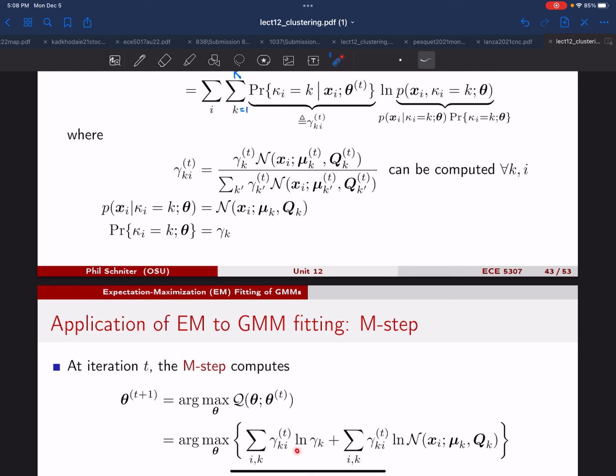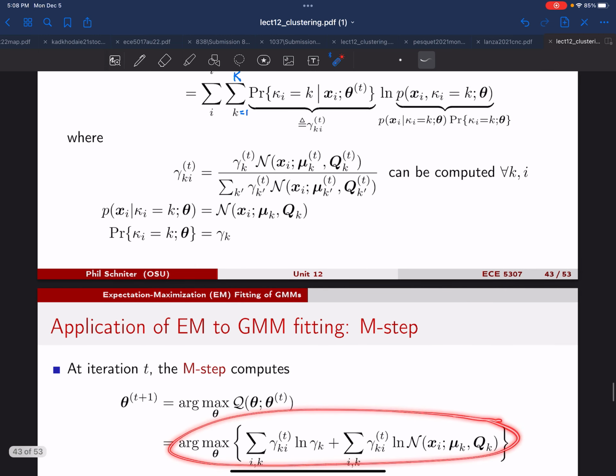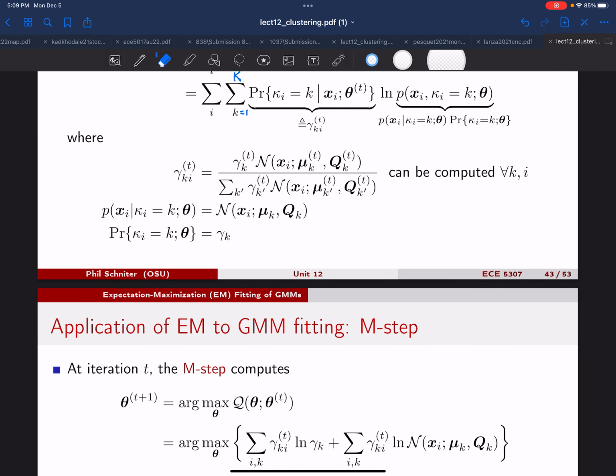So here we have the log of the second and the log of the first. You can see in both cases we have a double sum over i and k scaled by those computed quantities. This is the function that in the M step we want to maximize over theta. In other words, we want to maximize over gamma_k, mu_k, and Q_k.